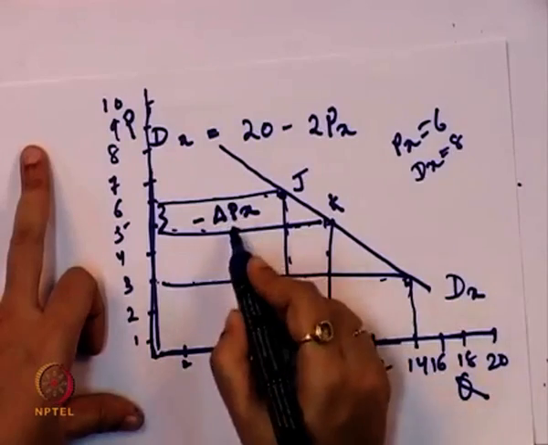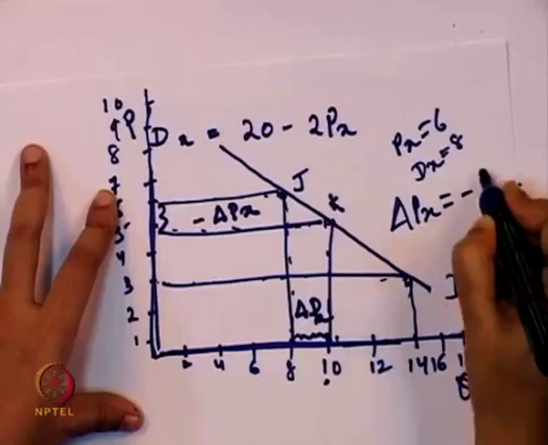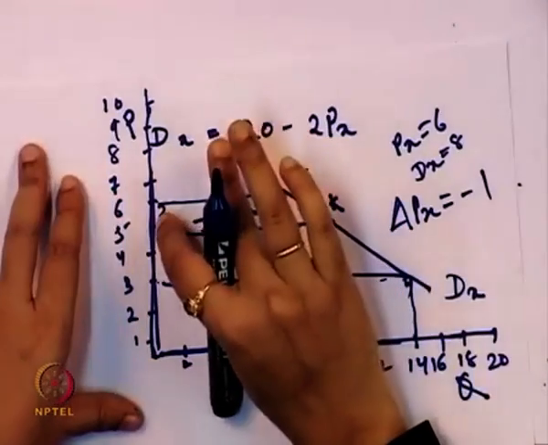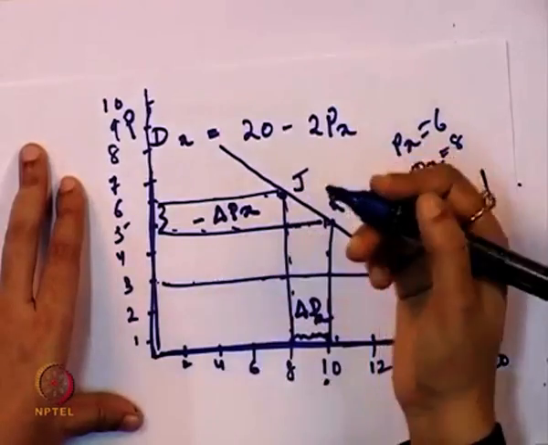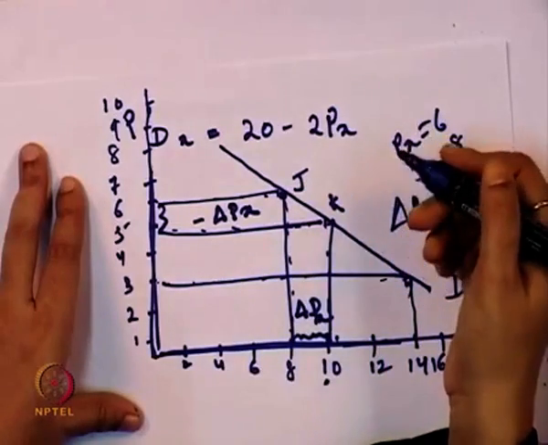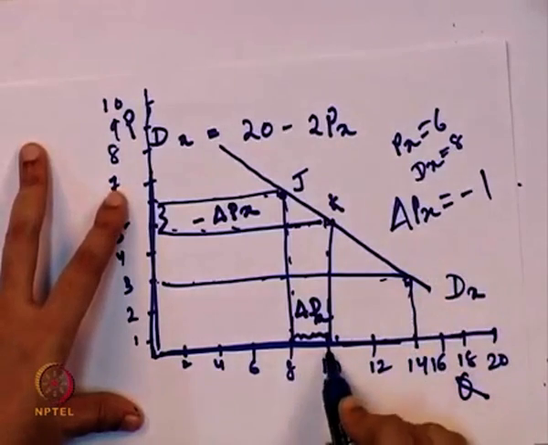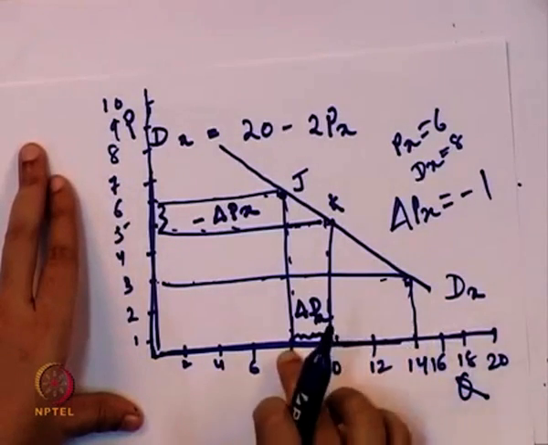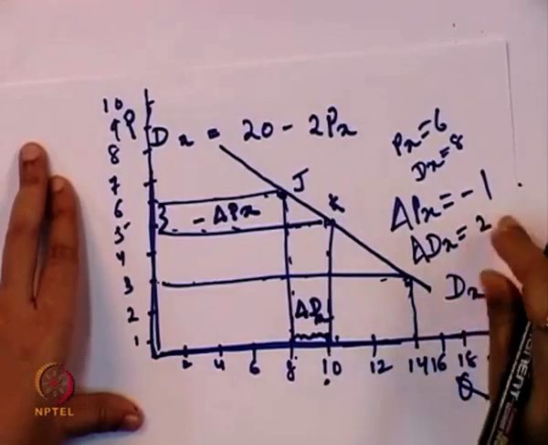So, what is the value of del Px? Del Px is equal to minus 1 because it is changing from 6 to 5, or we can say if it is from 5 to 6, then it becomes 1. Then del Dx is from 10 to 8 because this is the change in the x. So, del Dx is 2.